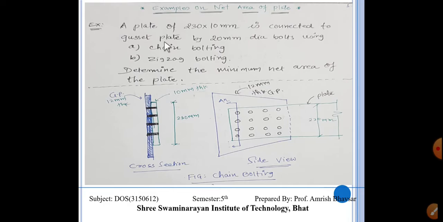In that case, bolts are in a single row and in a single column. And in a zigzag bolting, the bolts are staggered, not in a single row like this or a single column like this, but they are staggered, some here, some here. It is zigzag, and you know what zigzag is.